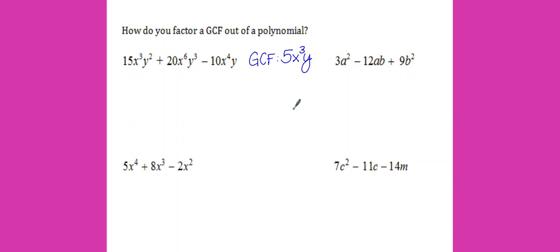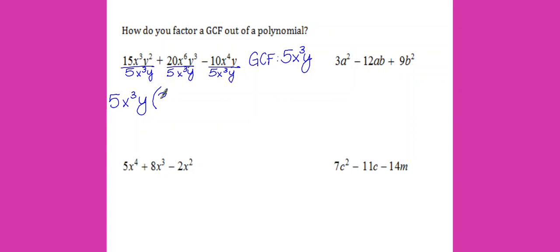In order to factor it out, it's basically the opposite of distributing. We're going to divide them all by the same thing. So 5x cubed y will go out front because that's what we're dividing everything by.